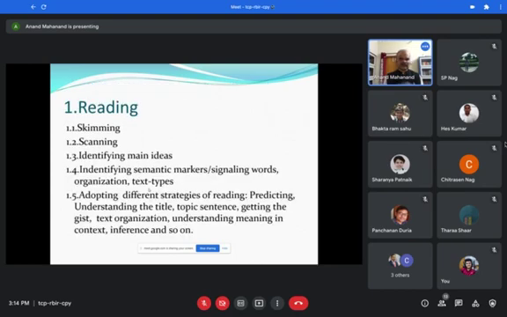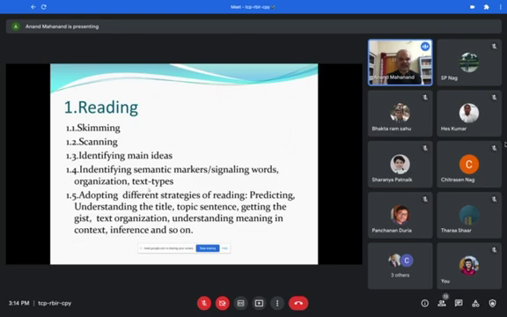Then reading means reading. Under reading, you have different soft skills like skimming and scanning. We discussed this in the last class. Skimming means quick reading, to get an overall idea about the text. Scanning means reading slowly, paying attention to important details.